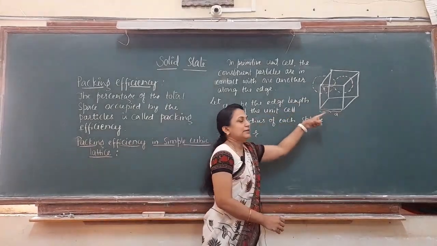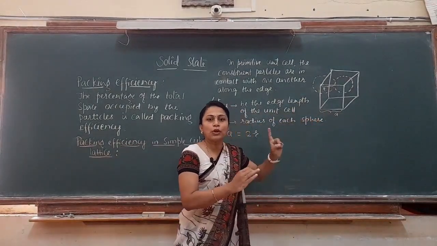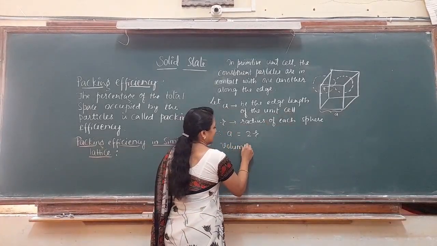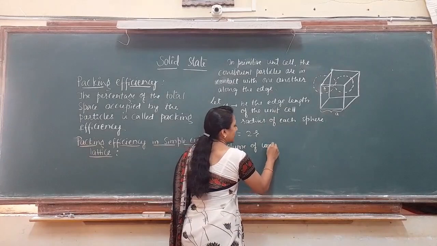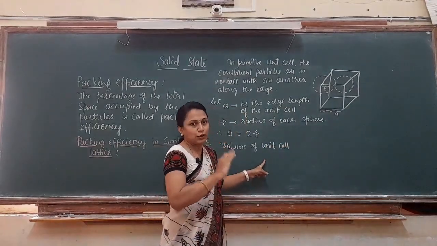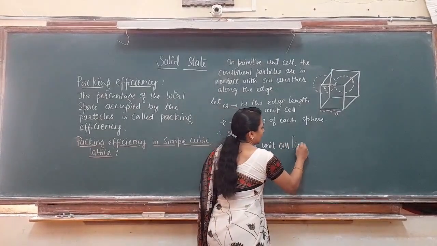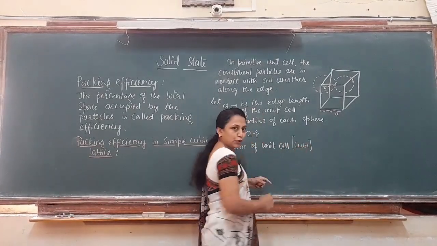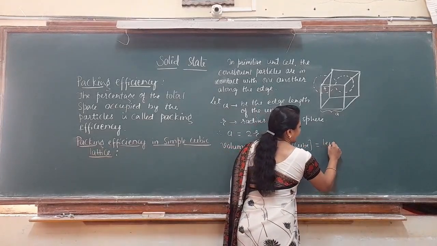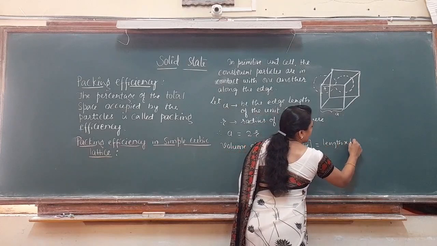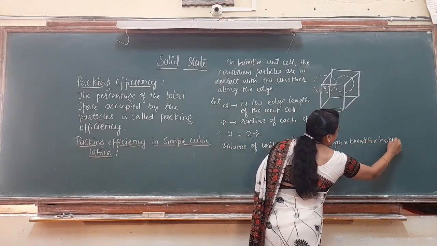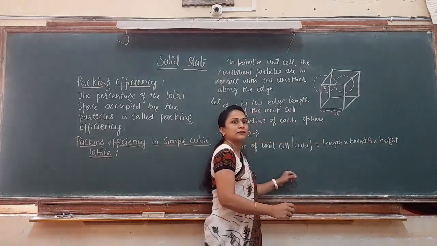Now, we have considered a cube. Here the unit cell is in the cubic form, so the volume of the unit cell is length into breadth into height.